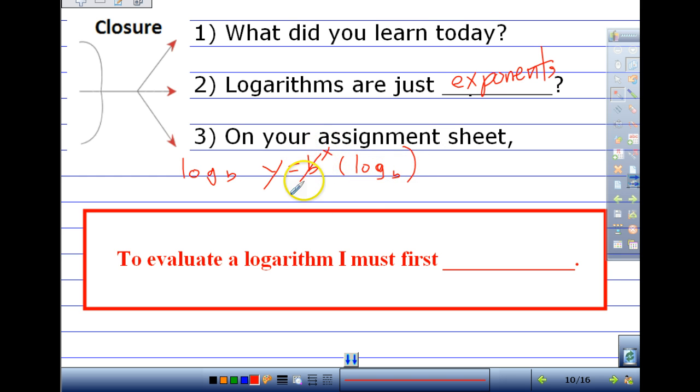This b cancels out with log base b, and you're left with x equals. Well, that's how it works. We're actually taking the log of both sides, kind of like with a quadratic, we took the square root of both sides. Same idea, just this new function we haven't used before. And that's about it.